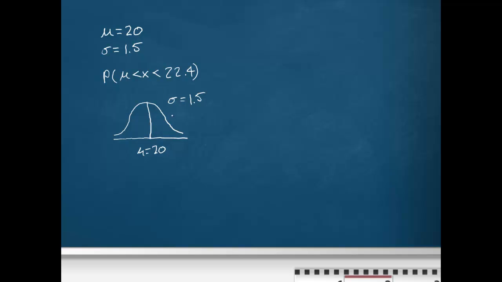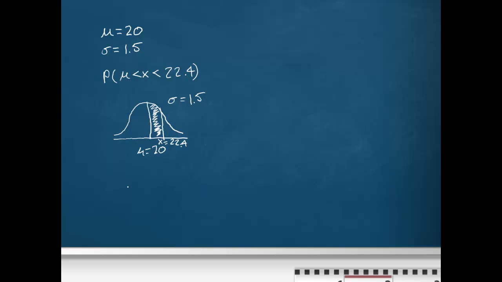Since the mean is 20, the data value 22.4 would be to the right of that. Since we're looking for a probability associated with this normally distributed variable, that probability will correspond to the area under the curve between the mean and this data value 22.4. So what we're looking for then is that shaded area.